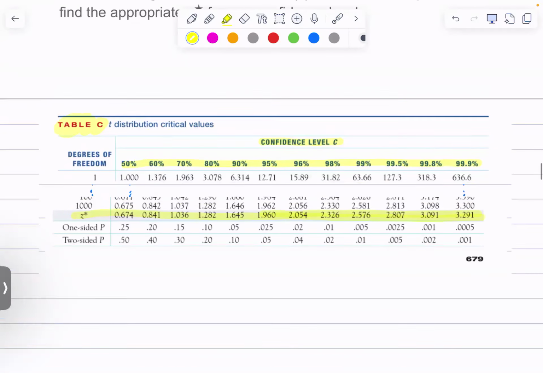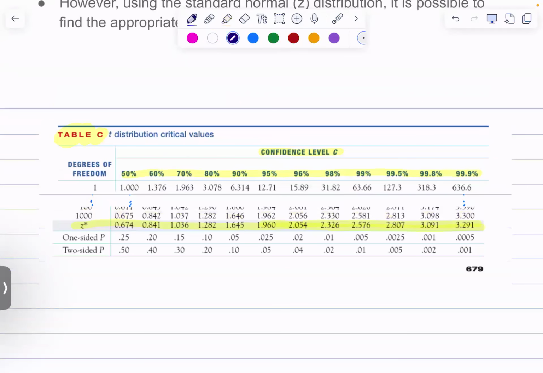I'm going to call this the T table most of the time because it's the T distribution. And in the T table, we get 3 decimal places as opposed to 2 decimal places. So here we get a Z at 3 decimal places, whereas our Z table only gave us 2.